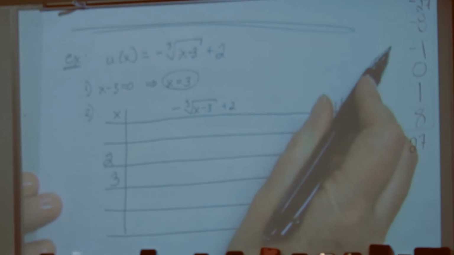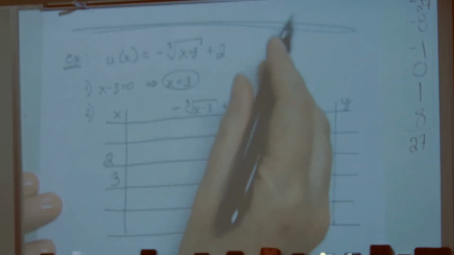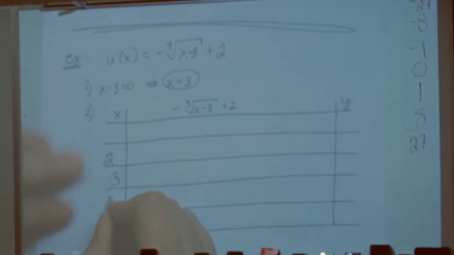Does everybody see that? So what number minus 3 will give me 1? 4. 4 minus 3 will give me a 1. Since 2 gave me a -1 and 3 is 0, I'm going to put 4 here. Put them in order because you'll find out that your answers will be coinciding a little bit. No, they won't, not in this case, because we moved it right and we're going up.